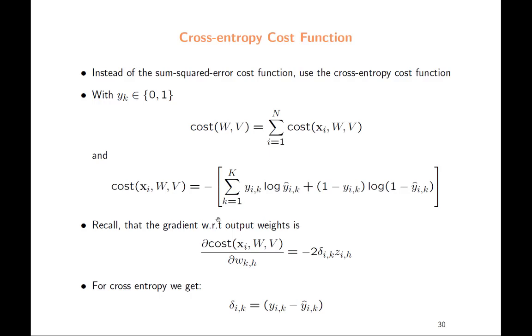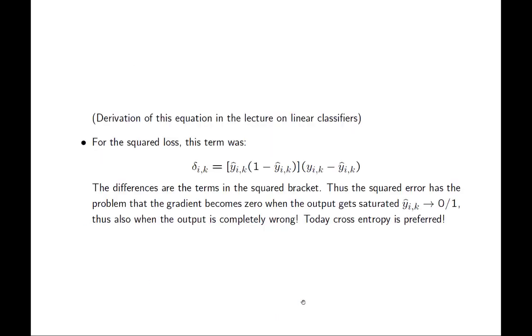And if we look at, for example, the gradient with respect to w, we could always write it as -2 delta z. In this cross entropy case, delta z_ik is simply the difference between target and prediction. Before it was this much more complicated expression.